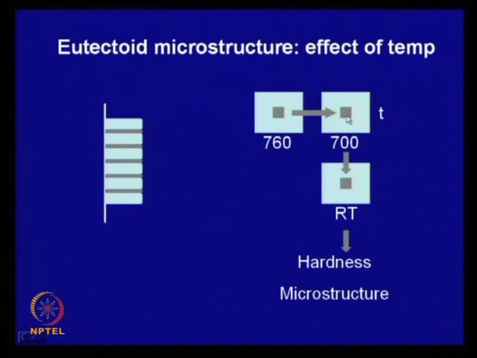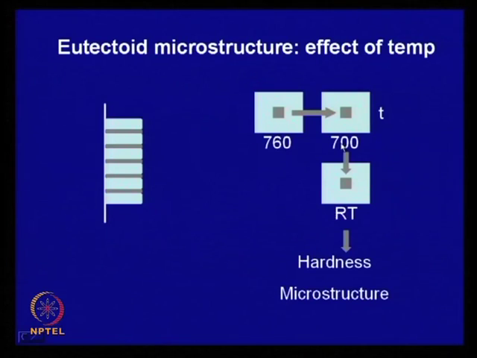Then we monitor the time. After keeping it for a time t, we transfer it to another bath at room temperature. Maybe we quench it in water, and then we measure hardness, and we polish the sample and etch and look at the microstructure.